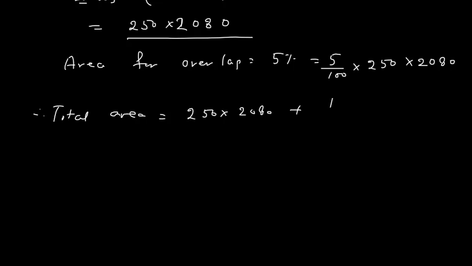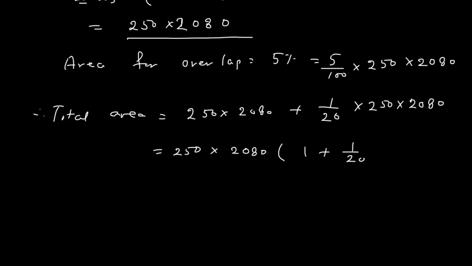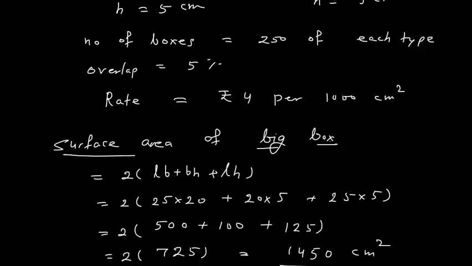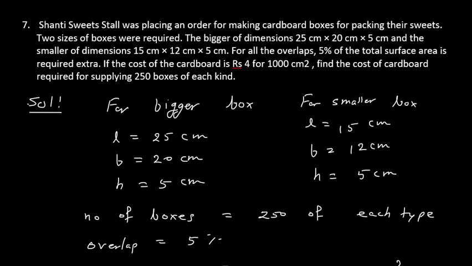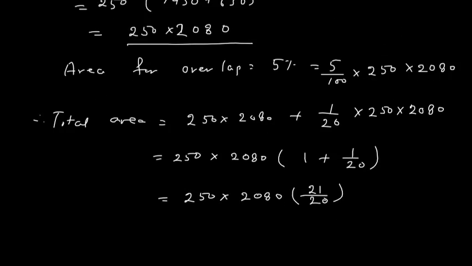So 5 ones are 5, 5 twos are, it is 1 upon 20 into 250 into 2080. Now this 250 into 2080 is common. I will take it out, plus here it is 1 upon 20. So this becomes 250 into 2080 into 21 upon 20. Now you can see that I am not multiplying at this stage, because we are not asked to find the total area. What is asked? To find the total cost. Find the cost of the cardboard required.